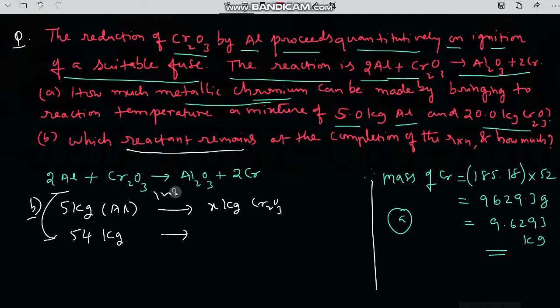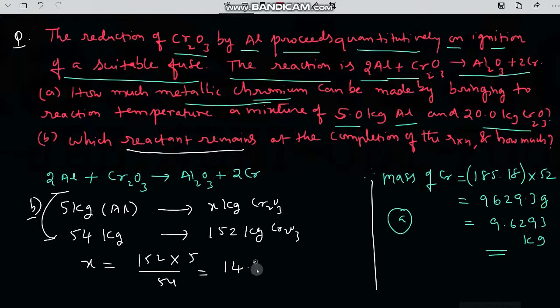The mass of chromium oxide is 152 grams, so I am taking 152 kilograms of Cr2O3. X is equal to 152 into 5 by 54. Here I got 14.07 kilograms.